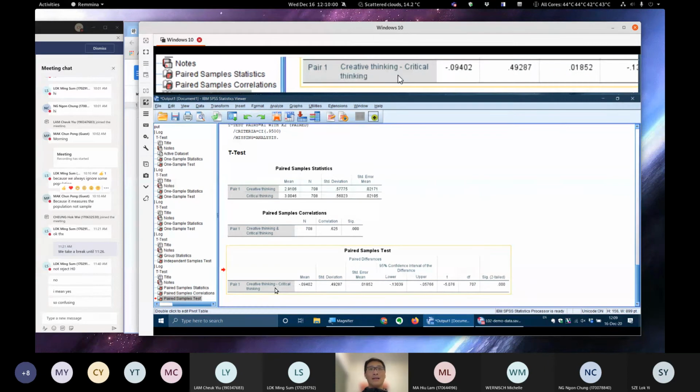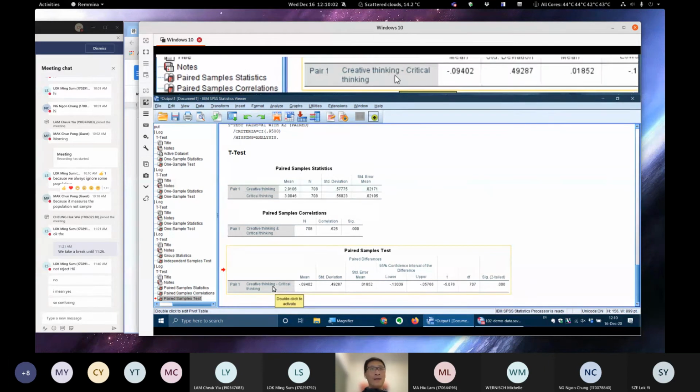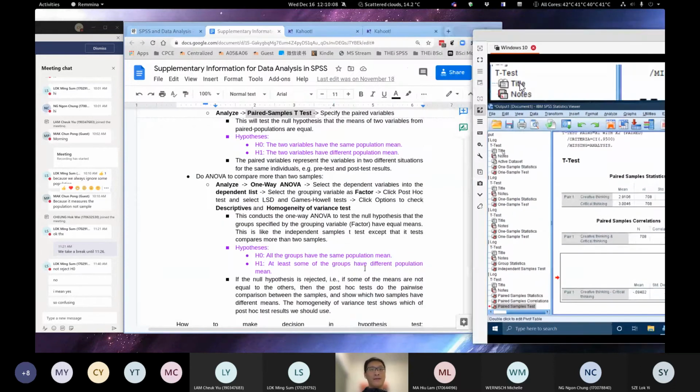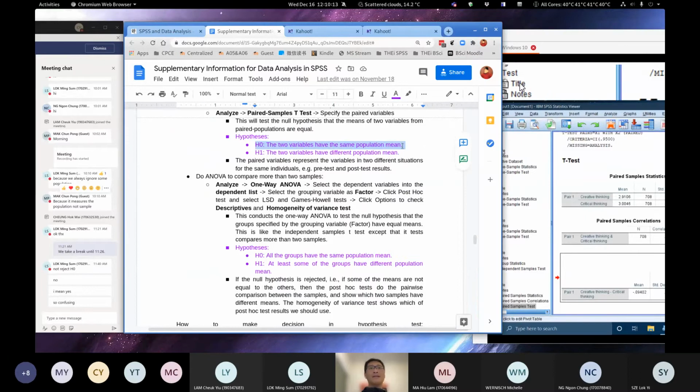Our concern is the paired sample test. So again, in here, you see we are comparing between creative thinking and critical thinking. Now, the null hypothesis of the comparison is that the two variables have the same population mean. And the alternative hypothesis is that they have different population means.